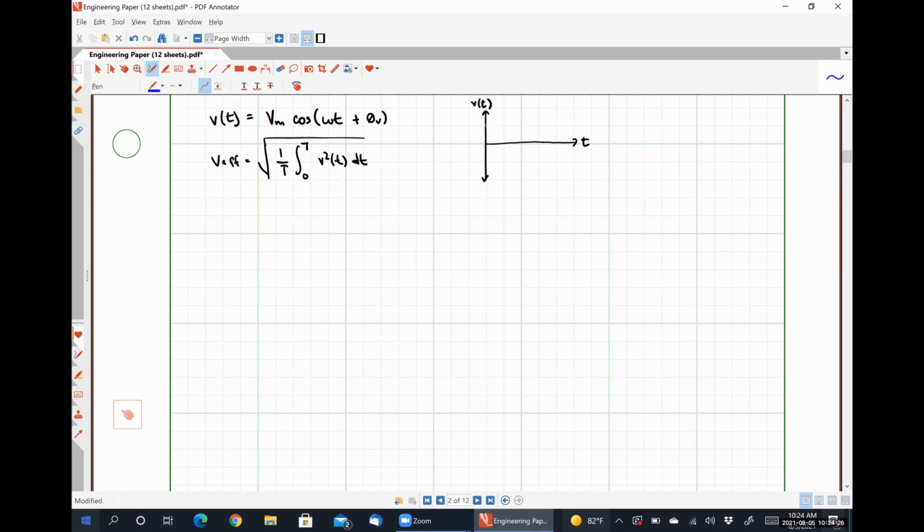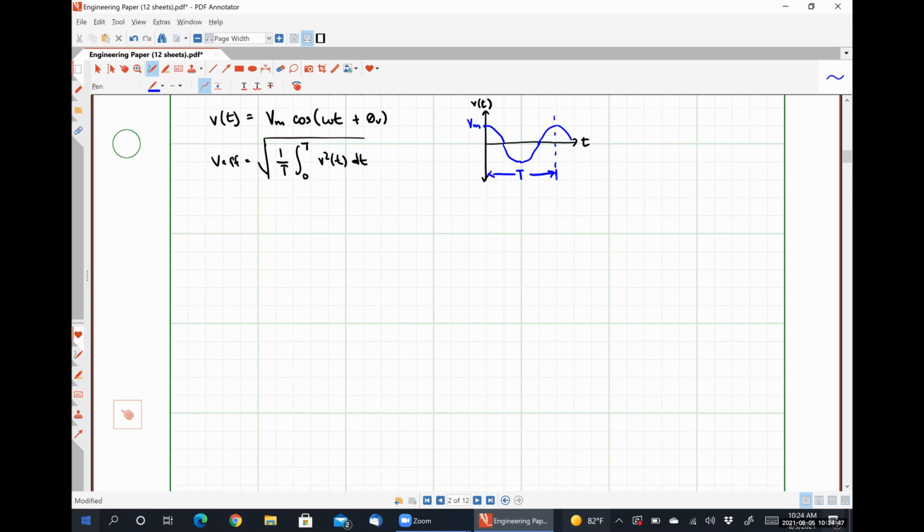So we're going to start at this value, where this is Vm, and this amount of time is our period.